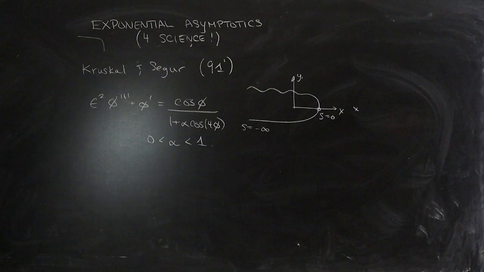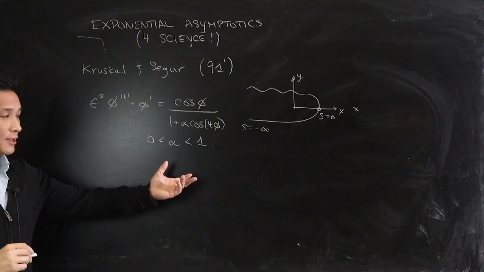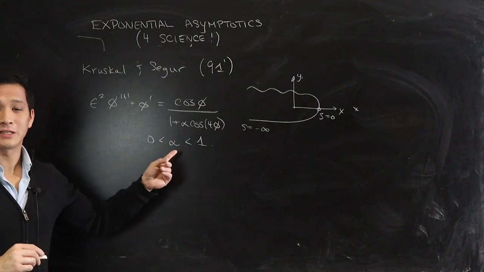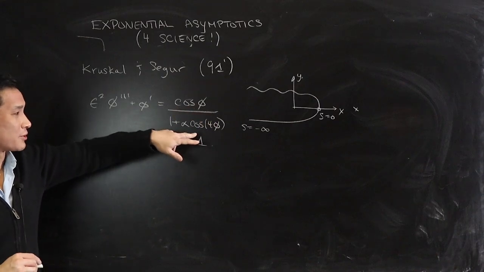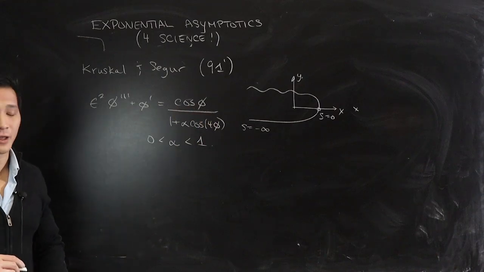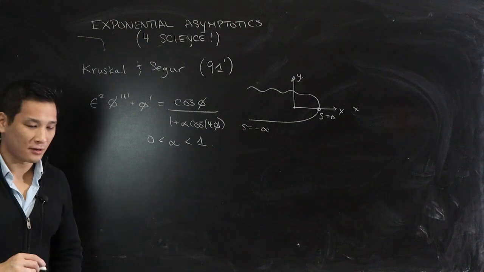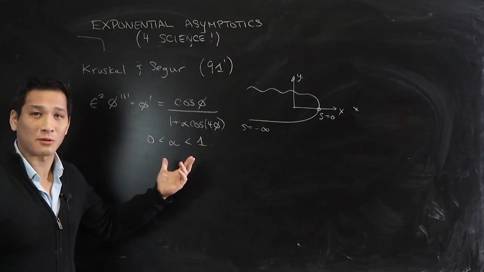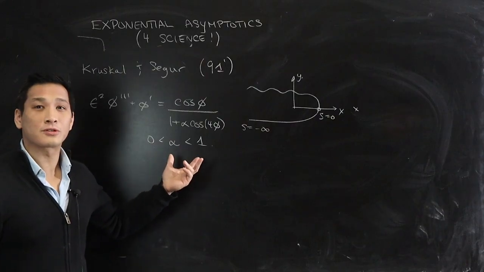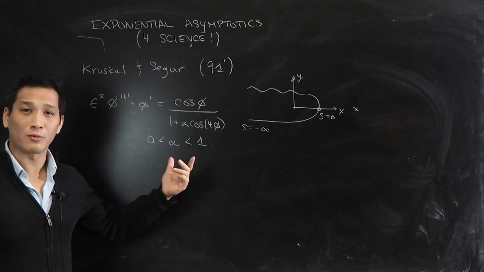Okay? And so now this problem does admit solutions. Just by introducing this denominator with 1 plus alpha cosine of 4 phi, it will admit solutions. And it turns out that if you do the Stokes line structure for this problem, it's going to be almost the same as the one that we just did.